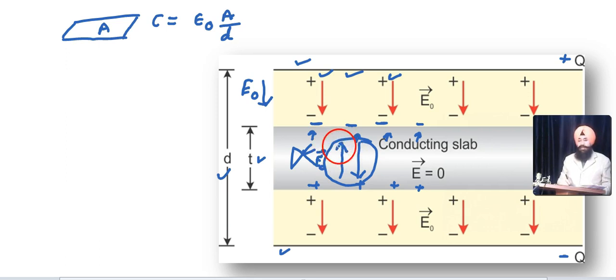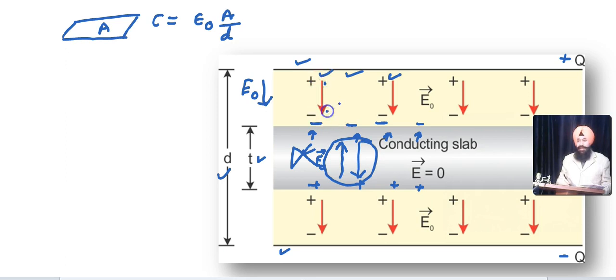You can also say the field will be now only in the free space where there is no conducting slab, positive to negative, like this. What are the negative charges? They are the electrons. They appeared on the upper face. And positive is here.